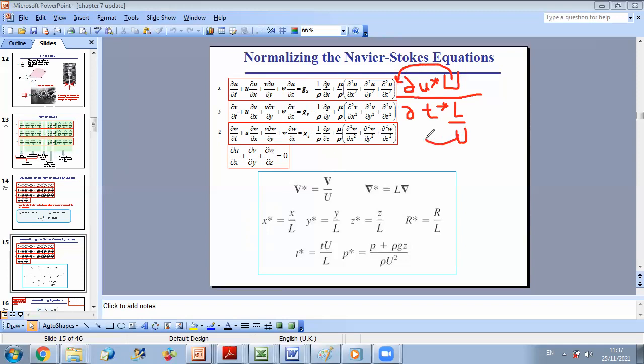What will be my resulting first term? The first term will be U square over L times del U star by del T star. So I can replace del U by del T by the following term.